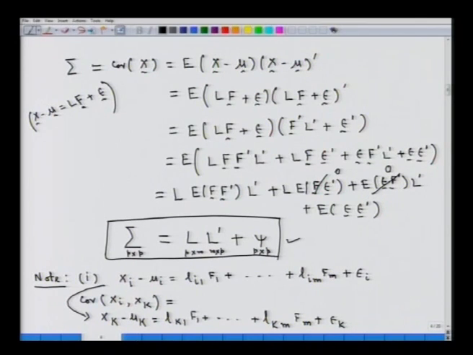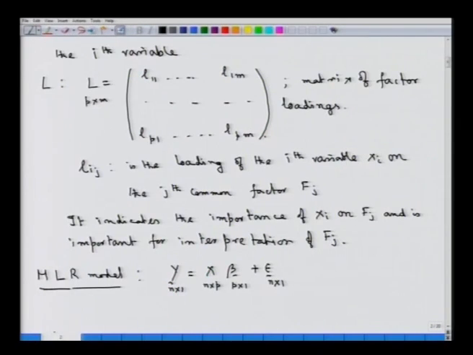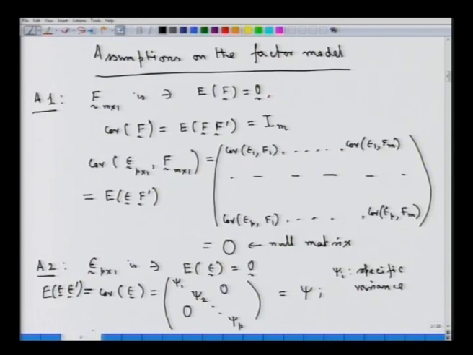Now when we look at the covariance between these two quantities, we need the covariance structure of F1, F2, up to Fm, which is what we assumed in assumption A1.